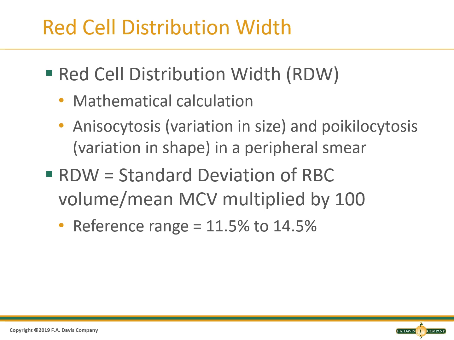So the RDW is the standard deviation of red blood cell volume divided by the mean MCV multiplied by 100. So the reference range for the RDW is going to be 11.5% to 14.5%.